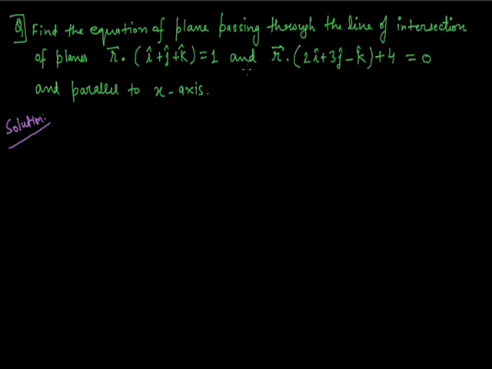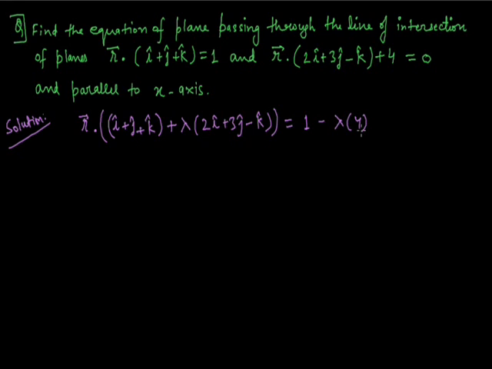The equation would be r vector dot (i cap plus j cap plus k cap), this is n1 vector, plus lambda times n2 vector, which is 2i cap plus 3j cap minus k cap, equals to d1 plus lambda times d2.